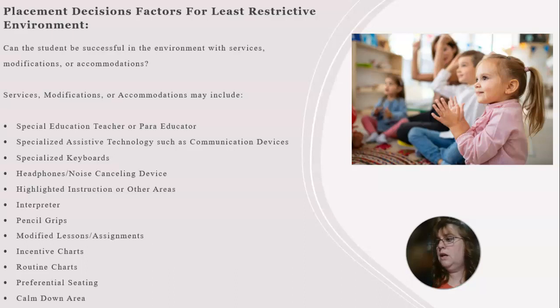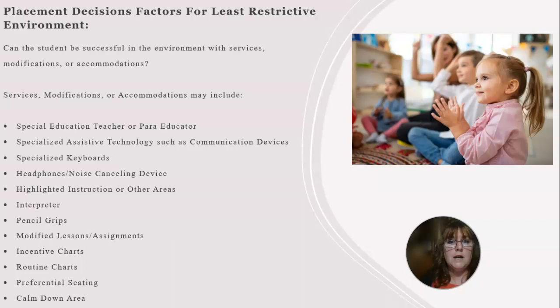The placement decisions and the factors for the least restrictive environment. So when students are working alongside peers in the classroom, it might require one-on-one assistance, and it might require assistive technologies or tools, and that can be either high-tech or low-tech.